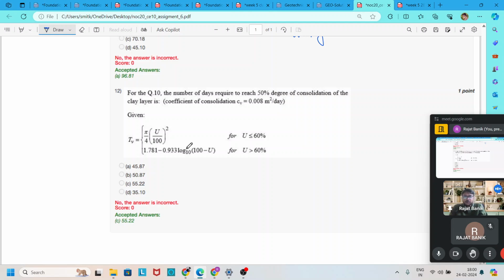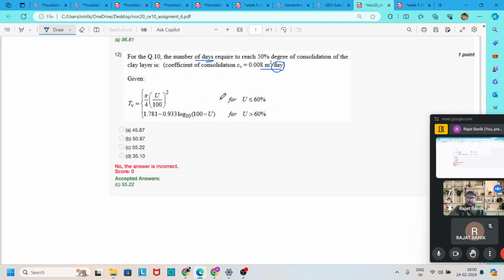The coefficient of consolidation is given as 0.008 meter square per day. So our answer will be in days, because the coefficient of consolidation is given in meter square per day, so our time also comes out in days.